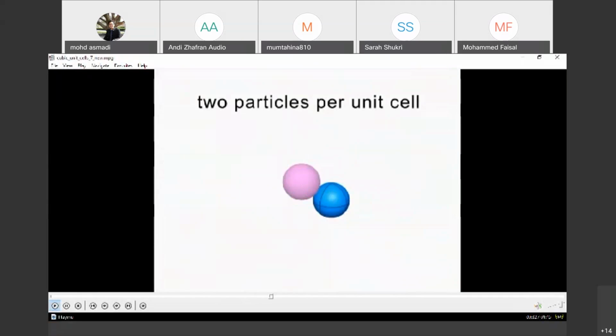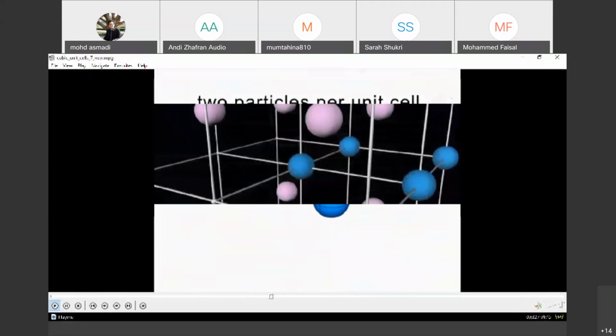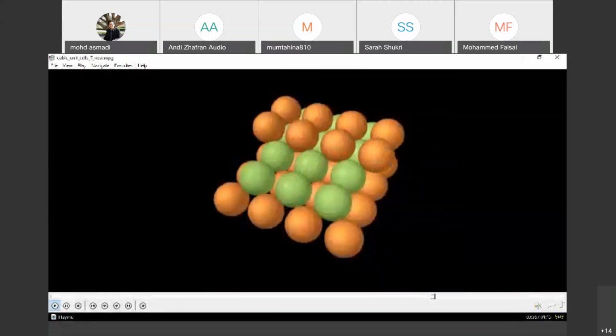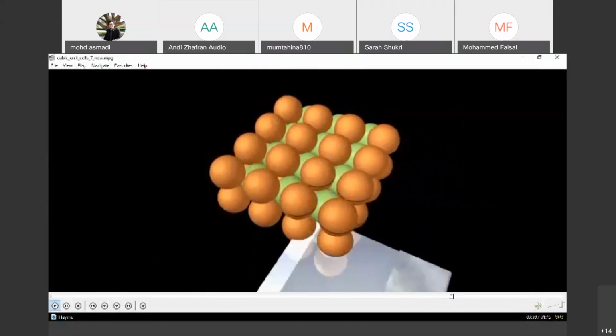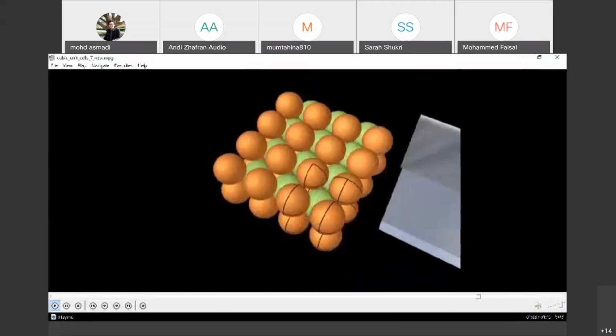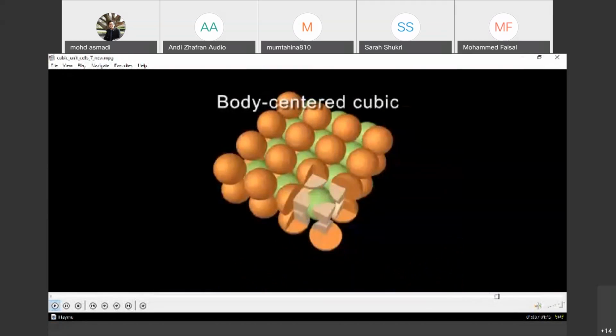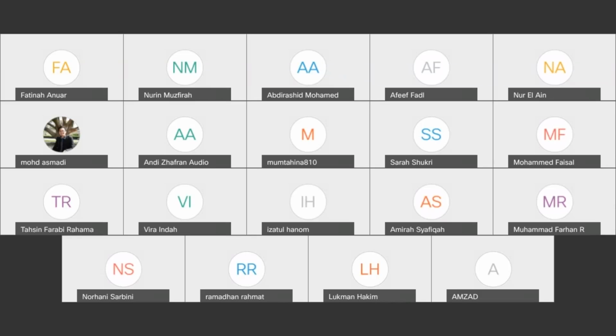So that means a body-centered cubic has two particles. The corner atoms, the number of atoms: 1, 2, 3, 4, 5, 6, 7, 8 over there. So this is for the clear view of the arrangement of the atoms. Okay, the total is 2 atoms.